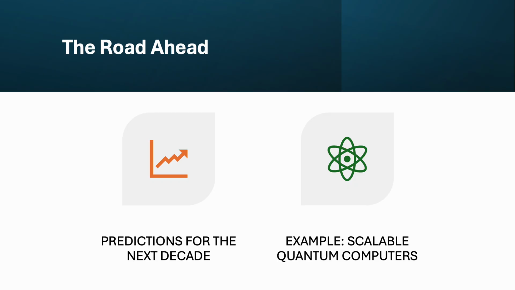This means developing much better quantum error correction techniques, longer coherence times so qubits can maintain their quantum states for longer, and finding ways to connect large numbers of qubits without them interfering with each other.